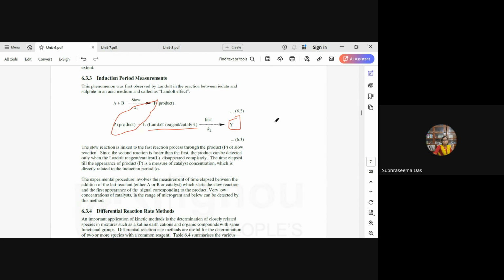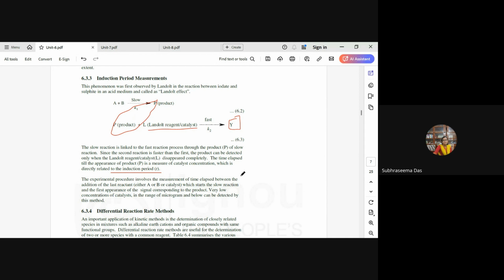Now here, the time before the appearance of product P actually measures the catalyst concentration. The catalyst here is the Landolt catalyst, and it is directly related to the induction period T.